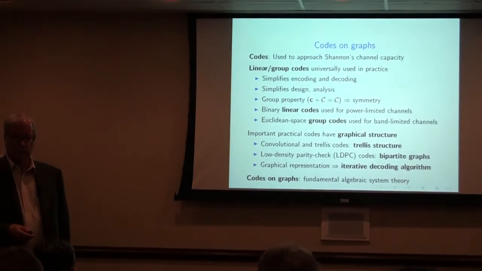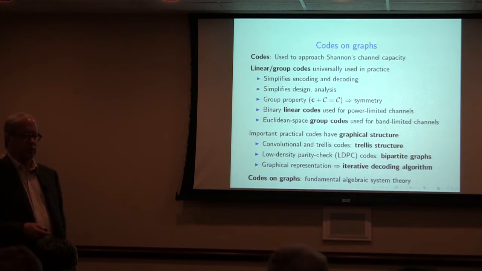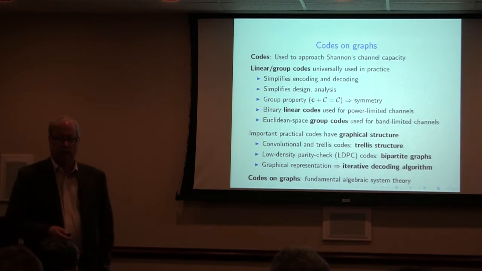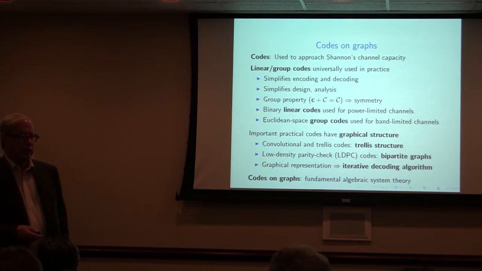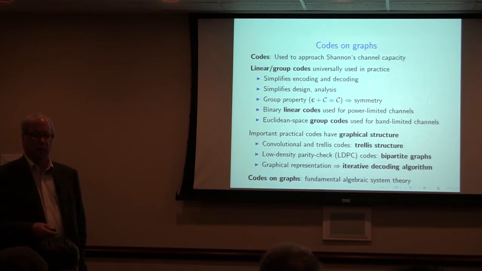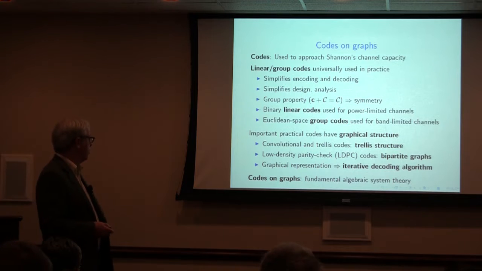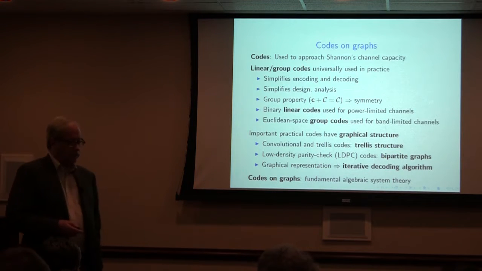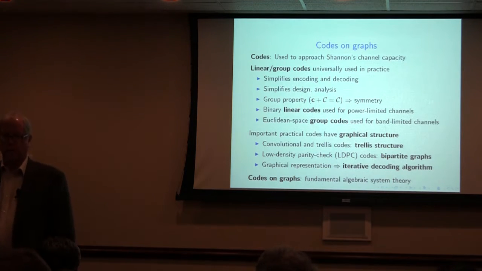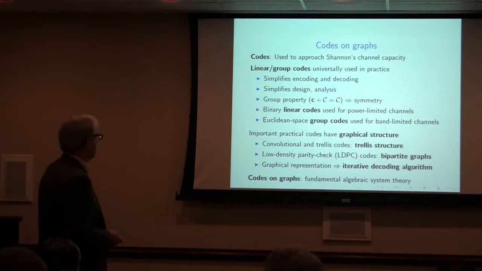There's a lovely symmetry property whenever you have a group property. On power limited channels where we use binary codes, we're always talking about linear codes there. On bandwidth limited channels, we generally go to multi-level codes, which typically have a group structure rather than a bit linear structure. The codes that are used in practice, we find very often have an underlying graphical structure.